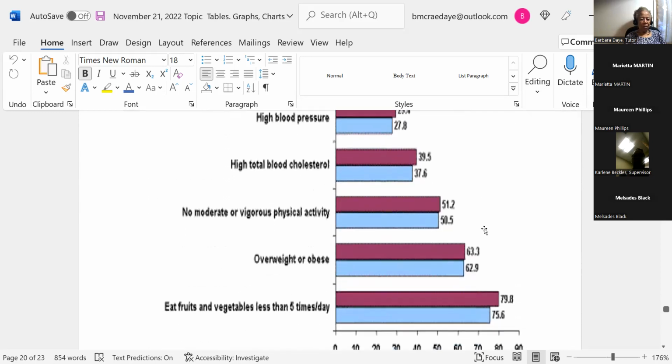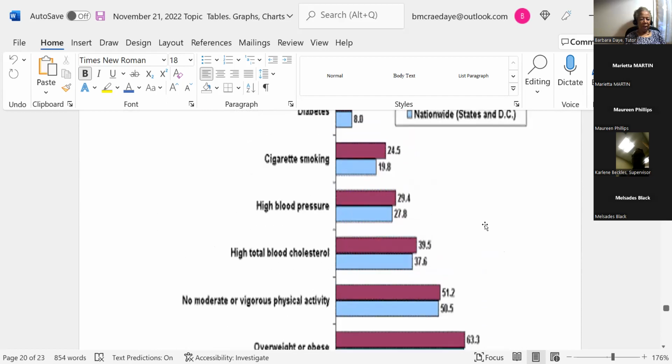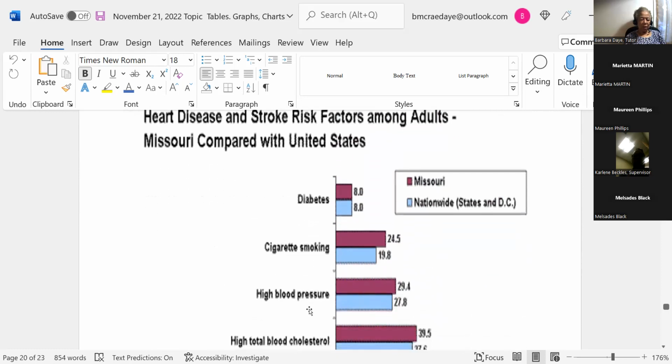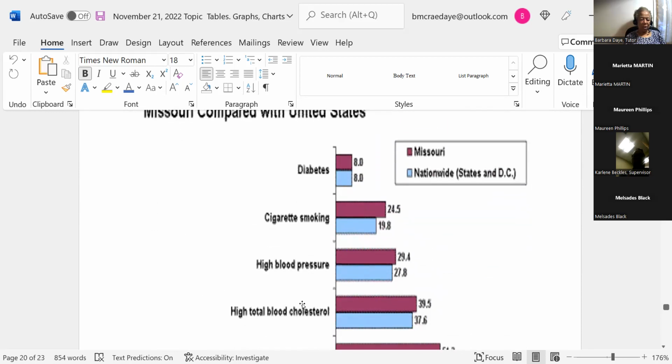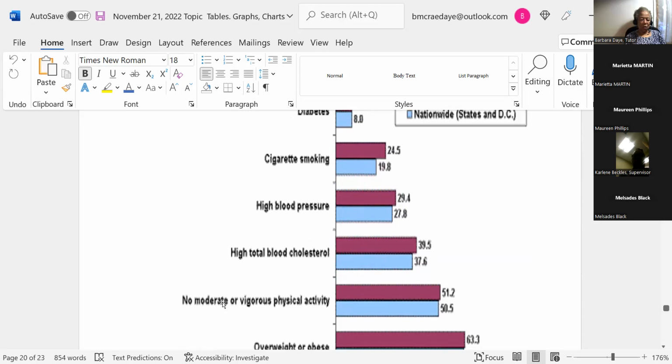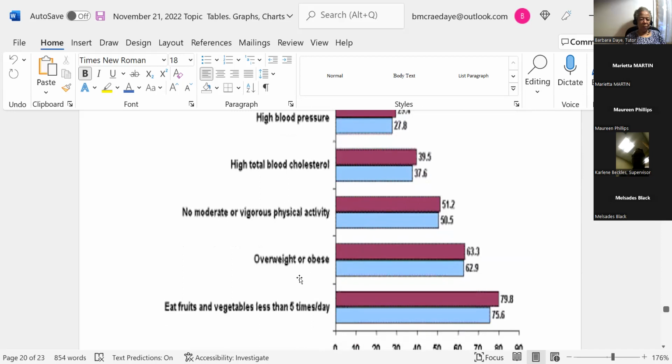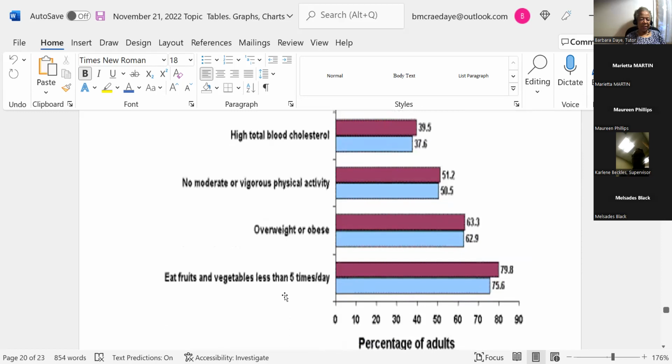Look at the risk factors: diabetes, cigarette smoking, high blood pressure, high total blood cholesterol, no moderate or vigorous physical activity, overweight or obese, and eating fruits and vegetables less than 5 times a day.